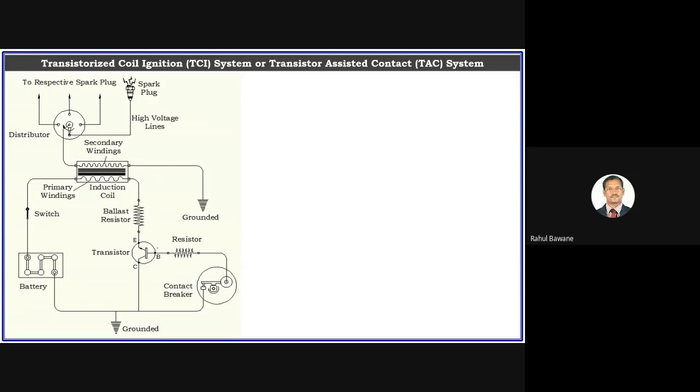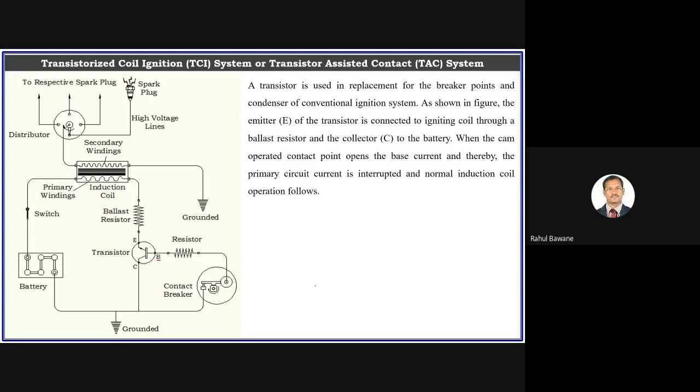Initially, the contact breaker point had to handle the primary current. But here, due to the transistor, the contact breaker point handles only the base current, and the base current is very small compared to the primary current. So as the contact breaker point is not handling a high current, its life increases compared to the battery ignition system because it is now handling only the base current.